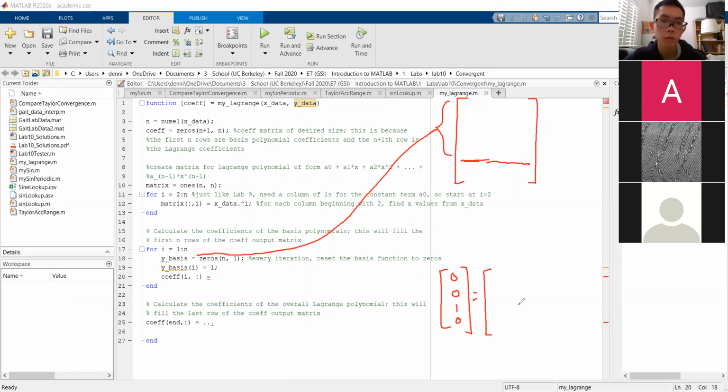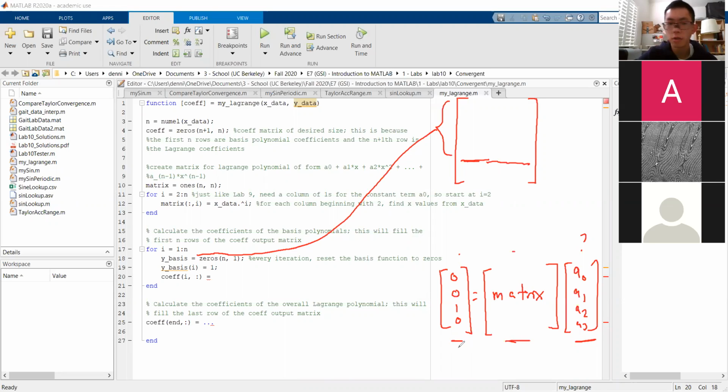And we'll say, well, we know what our matrix is, and we'll say this is some A0, A1, A2, A3. These are known, this is not known. How do we find what this is, given the matrix and given a y basis?